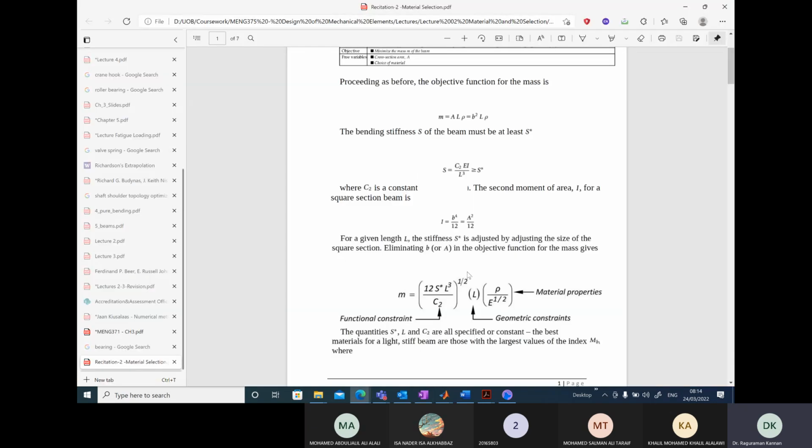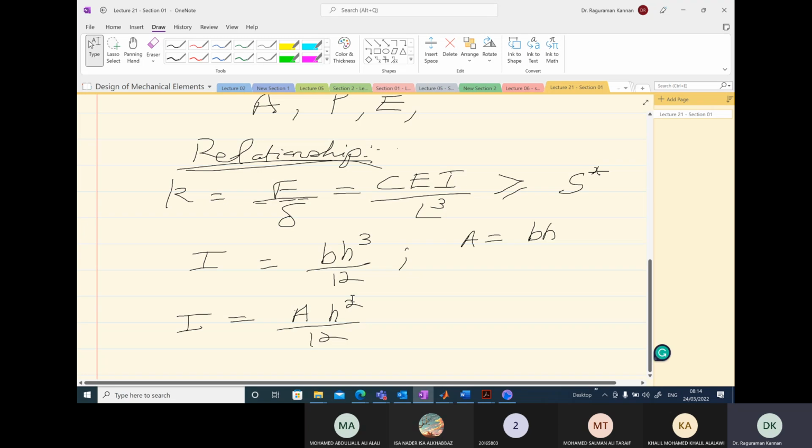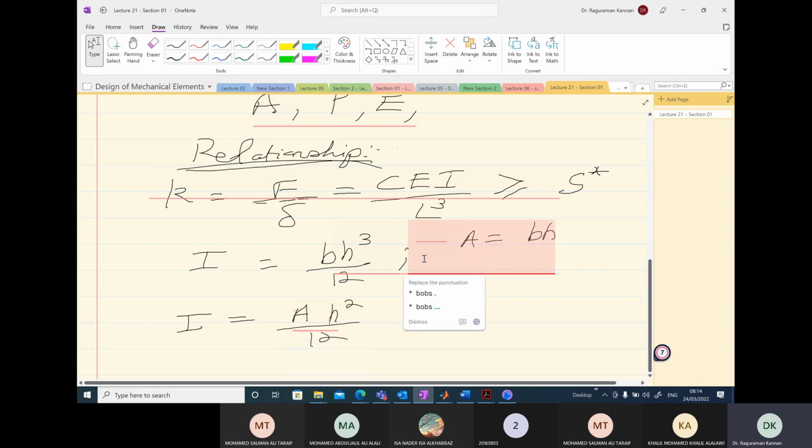Let's see if it is a rectangular cross section. Most probably we will not be able to work with this relationship. If it is a square cross section, we can directly work with it. But let's see if we can convert this into area here.